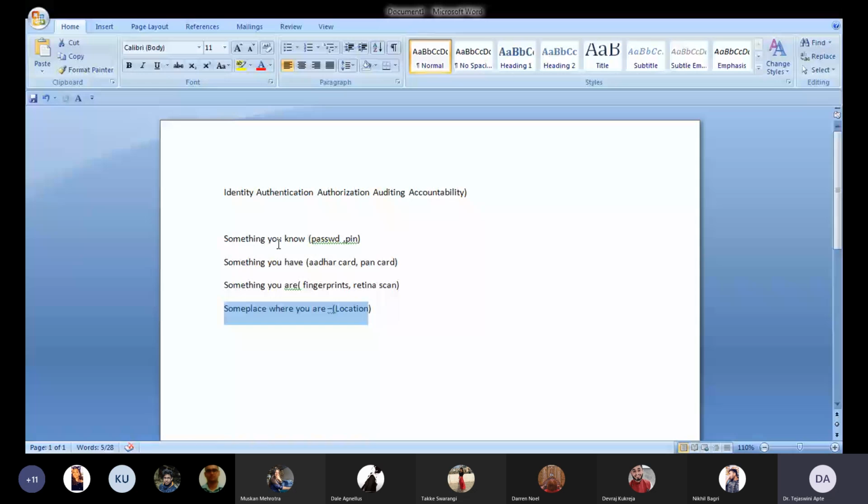Just have something you know 3 times. Just have something you have 3 or 4 times. Try to understand a person who is aware that it is just asking me for the Aadhaar card, the PAN card, or the license number.